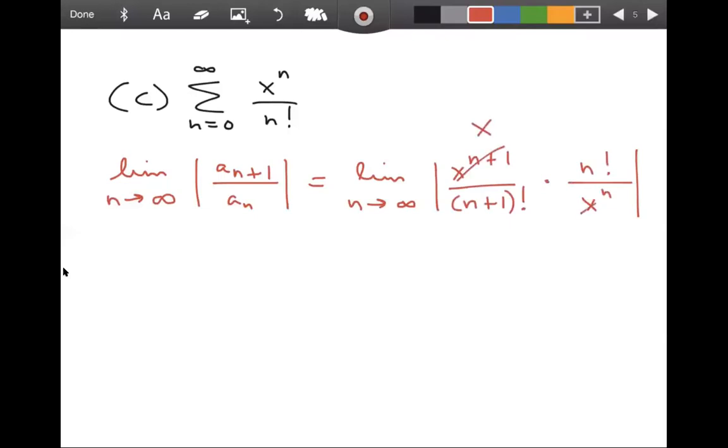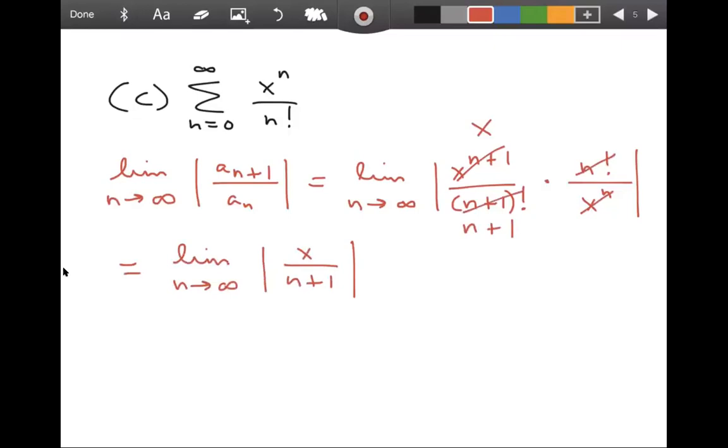And as we've talked about before, n factorial divided by n plus 1 factorial just leaves an n plus 1 behind. All right, so we have the limit as n increases without bound of absolute value x over n plus 1.